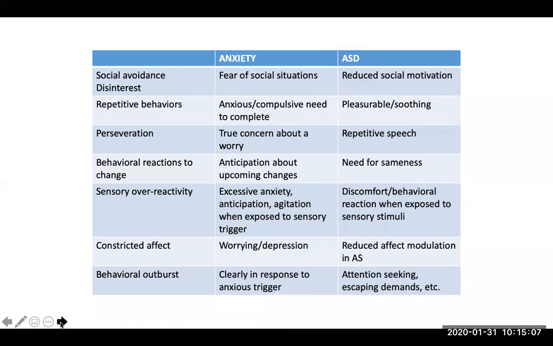And so that tries to contrast anxiety versus autism, like social avoidance or disinterest. People with autism are not socially motivated, but people with anxiety may have fear of social situations. Now, like I said, there are people that have autism and anxiety, so you may see both.